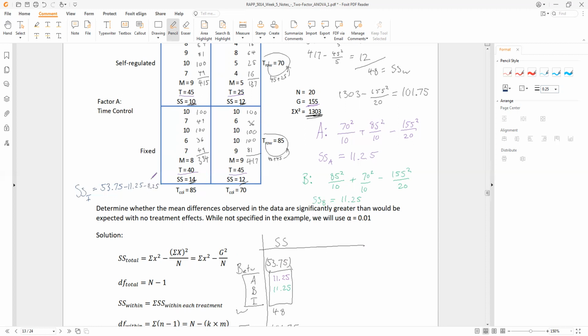Right, so 53.75 minus 11.25 minus another 11.25 gets me 31.25. And so this is my interaction. And now we're going to have the degrees of freedom, and we're going to have the MS, and then we're going to have the Fs.